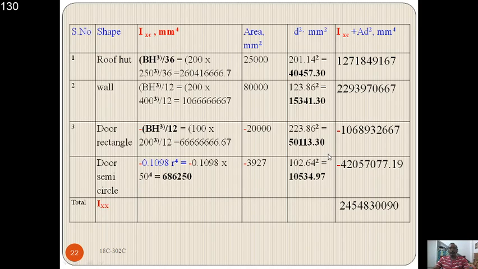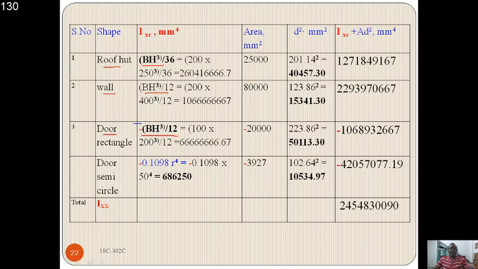The roof portion of the hut is an isosceles triangle, Ixc is equal to bh cubed by 36, whereas the wall is a rectangle portion, bh cubed by 12 is the Ixc. Door is a rectangle which is a negative portion.